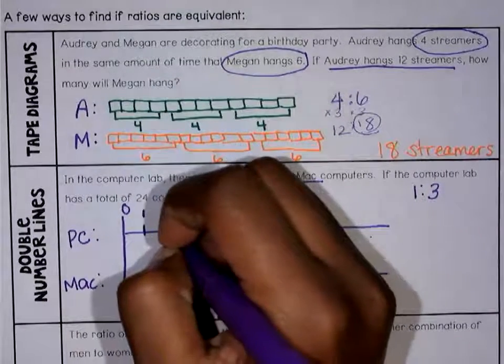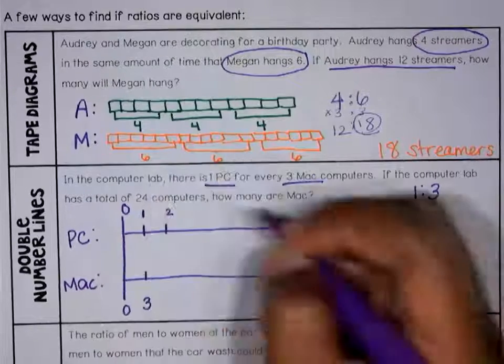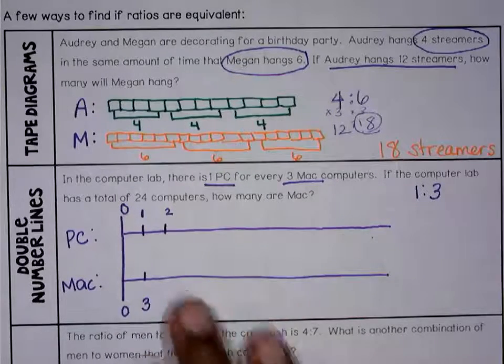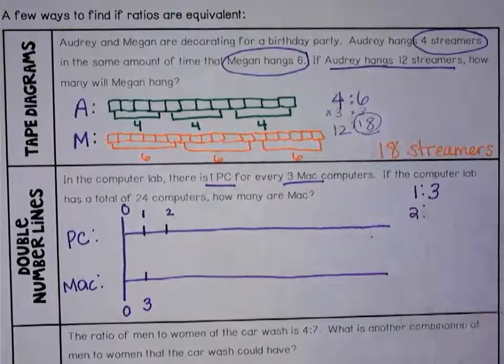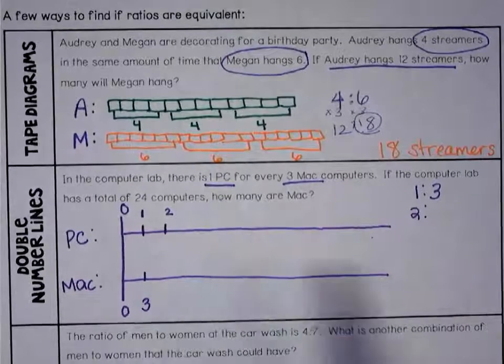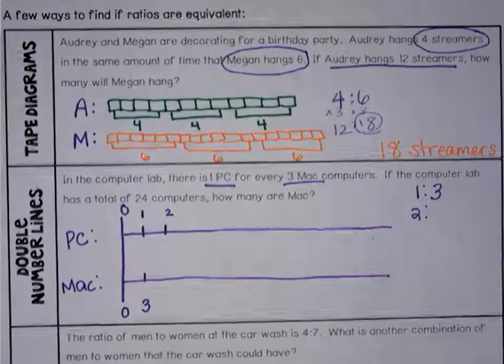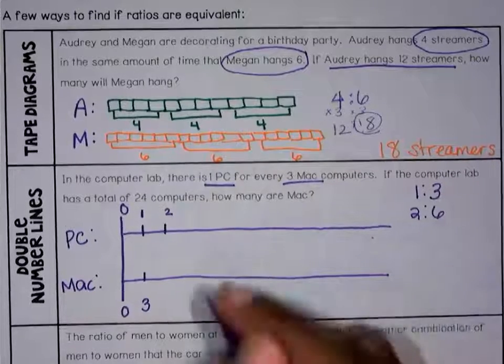If you have another PC, how many Macs would you have? So if you had 2 PCs, how many Macs would you have? If it was 1 to 3, that's basically doubling it, because 1 plus 1 is 2. If we double it, that means for every 2 PCs, we have now 6 Macs.